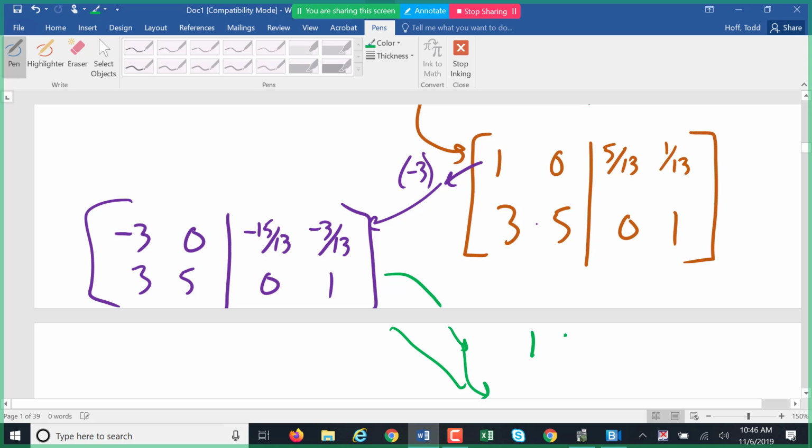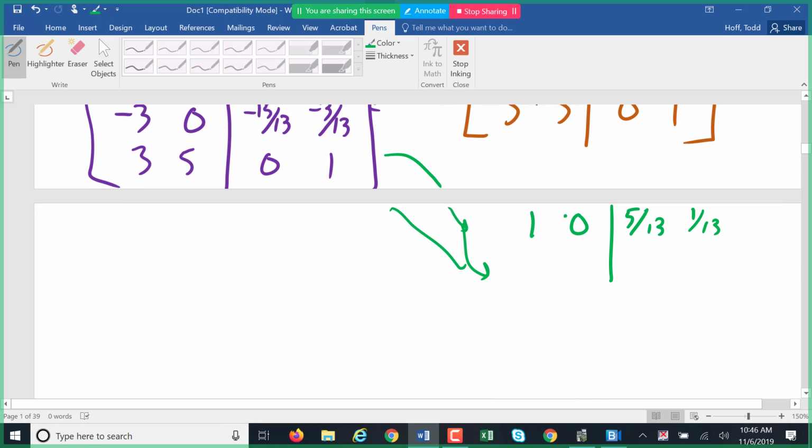So the top row is going back to what it was, 1, 0, 5/13, 1/13. The bottom row is going to be from combining those. Negative 3 and 3 is 0. 0 and 5 is 5. Negative 15/13 and 0 is a negative 15/13. Negative 3/13 and 1 is 10/13.